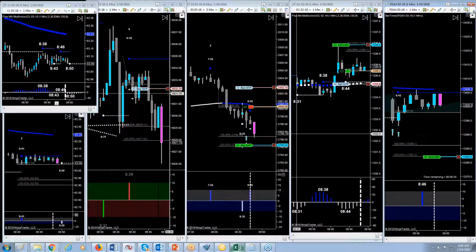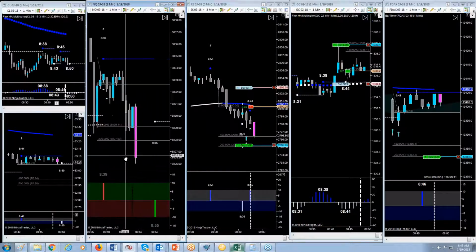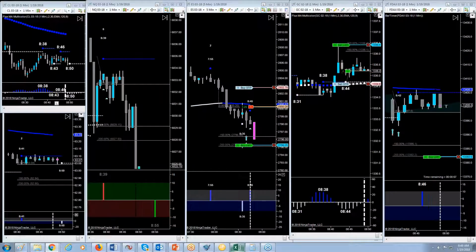Target filled on the NQ, all flat. It was a nice setup.